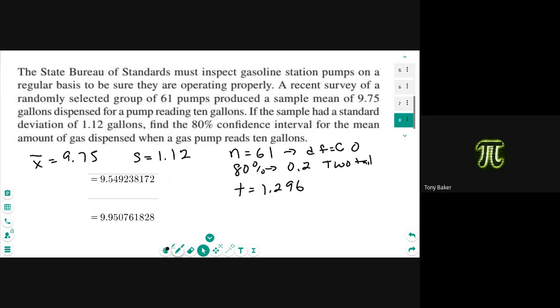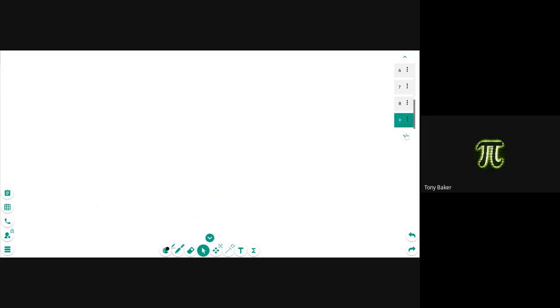Are we able to find the t fine? Are we getting better at plugging in the formula? All right, do this one.